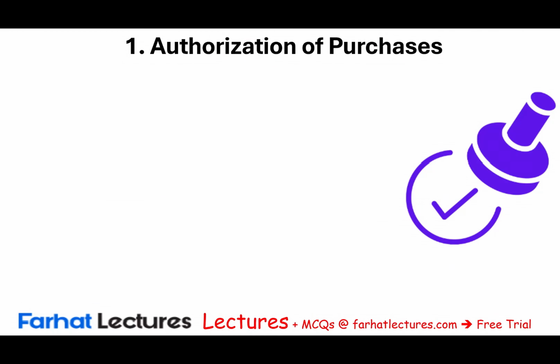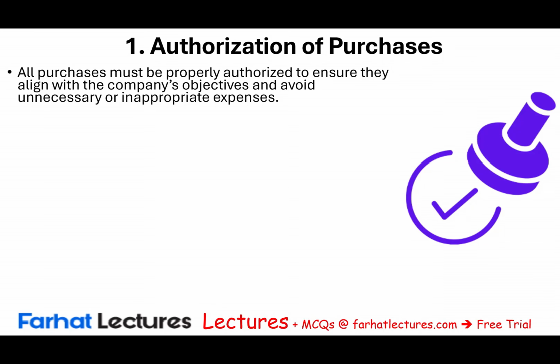Starting with authorization of purchases. What does that mean? It means before a company makes a purchase, and I went through an example in the prior session, buying 100 tablets, you need to have the proper authorizations. All purchases must be properly authorized to make sure they align with the company's objective and avoid any unnecessary or, most importantly, inappropriate expenses.